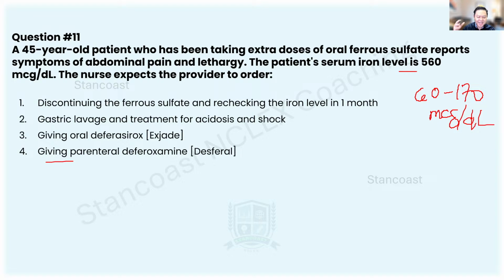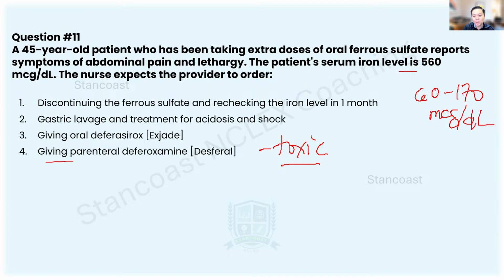So the patient has been taking this for a long time. So they just have the buildup of the iron inside the body. And this is already toxic. And a good thing that they're able to survive, right? They do not really end up with other manifestations, but they can still lead to that complication. But at this point, they were still able to report about the amount that they were taking.